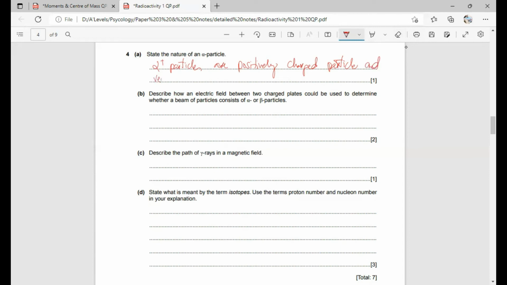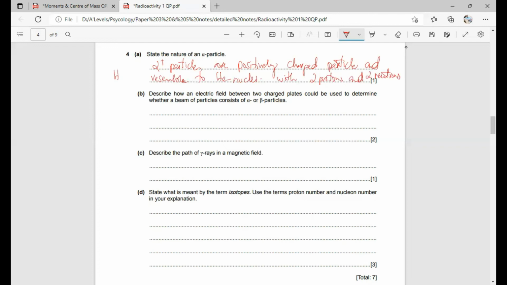and resemble helium nuclei. Now if it is helium nuclei, that means it is necessary to mention: resemble helium nuclei with 2 protons and 2 neutrons.